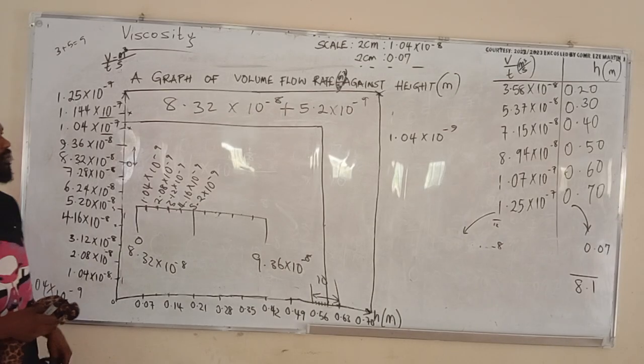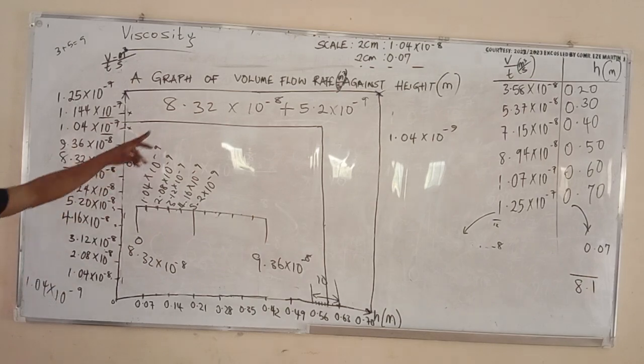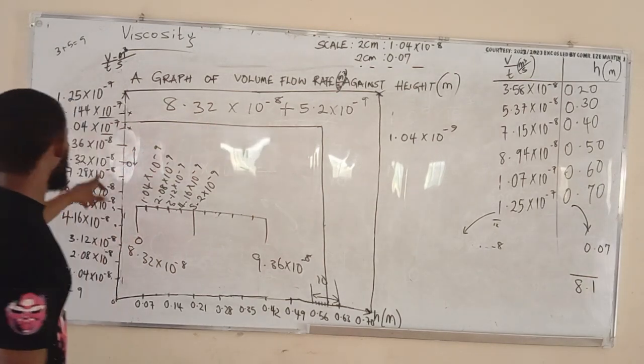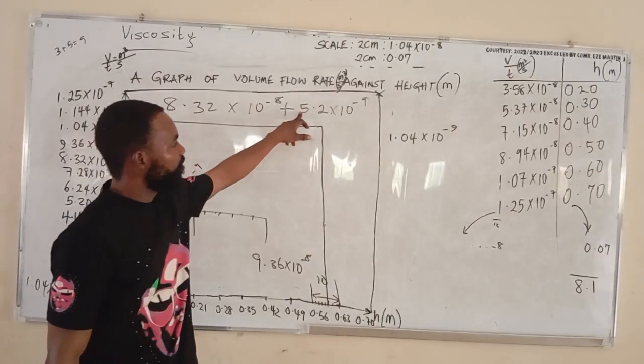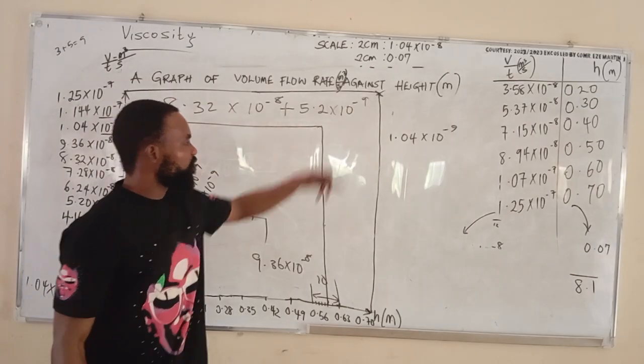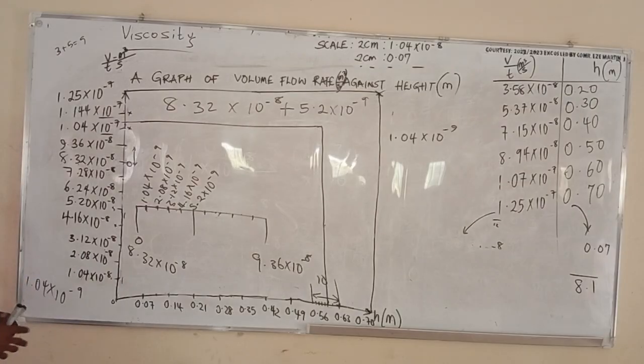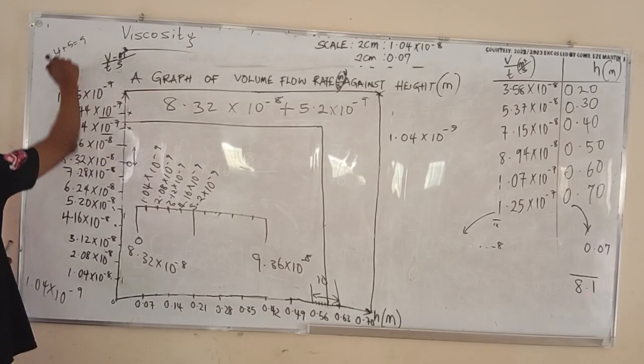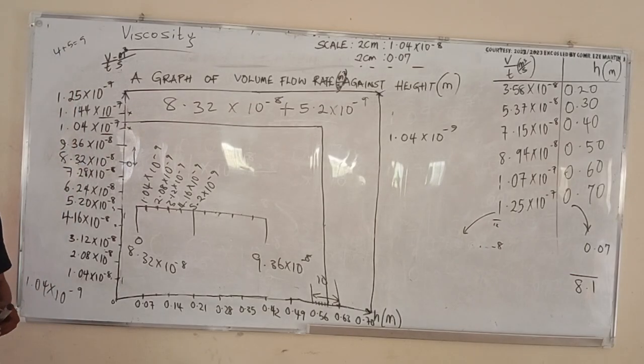Cool down point check. 8.32 times 10 raised to the power minus 8 plus 5.2 times 10 raised to the power minus 9. 4.32 times 10. Okay, give me 8.84. Okay. Relax.